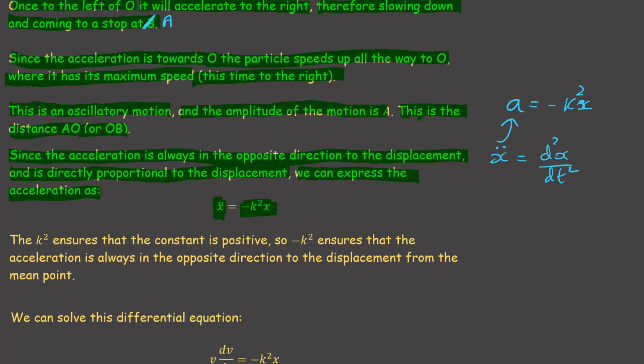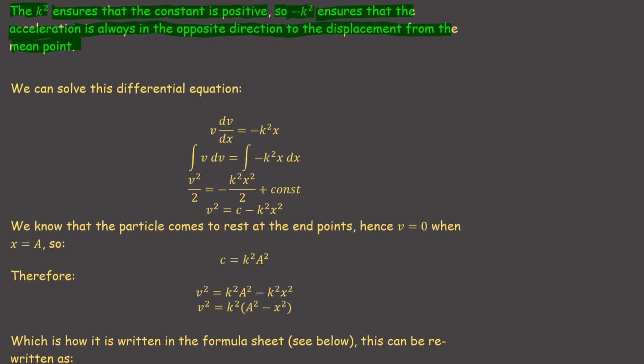Just in case you haven't met that before, the negative k squared ensures that the acceleration is always in the opposite direction to the displacement from the mean point.